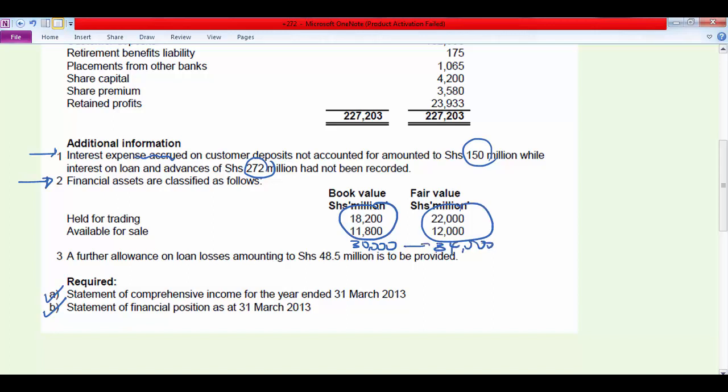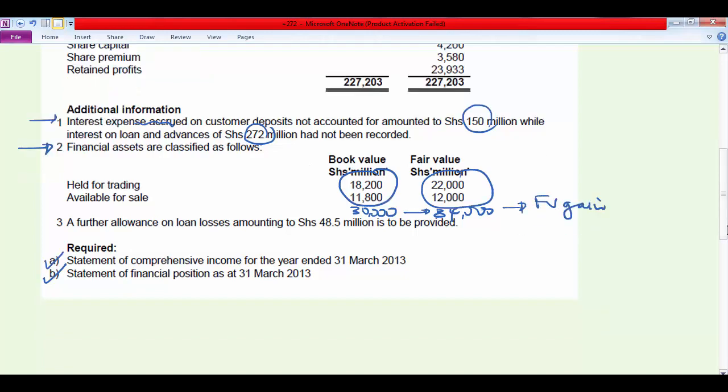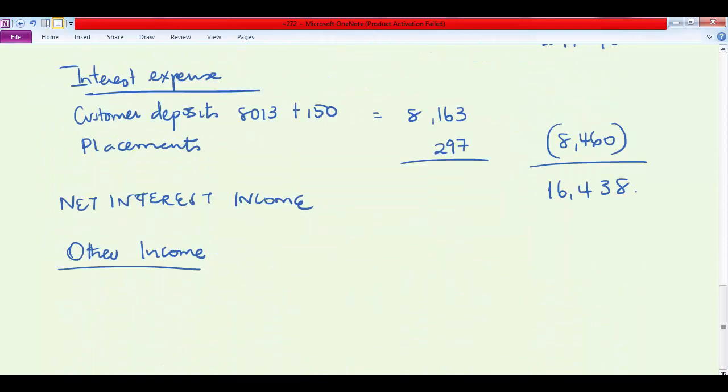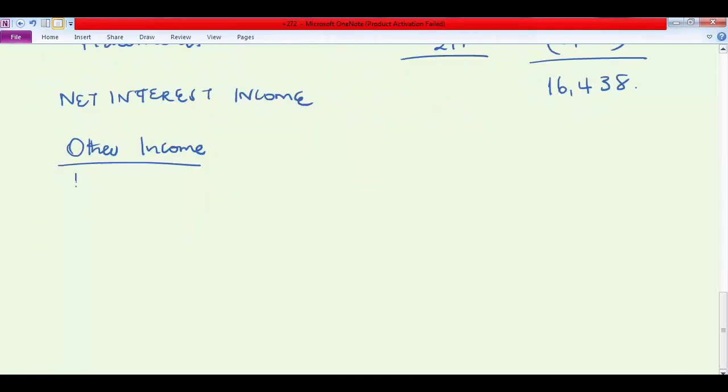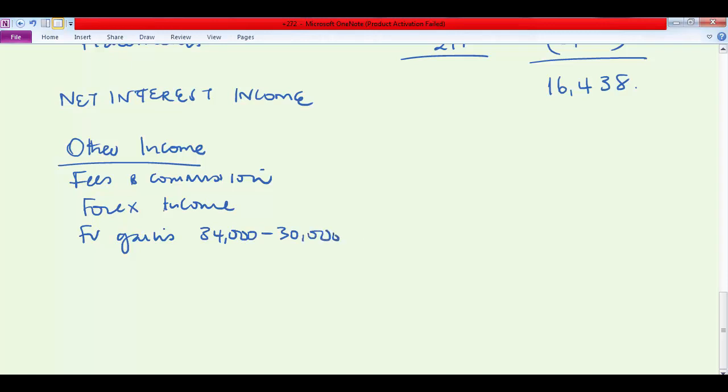So we realize that there is a fair value gain, isn't it? Which should be taken to P&L. So that one also needs to be factored in. So under other income, I have fees and commissions. I have forex income, and I have fair value gains. So forex income, fees and commissions, add all of these.